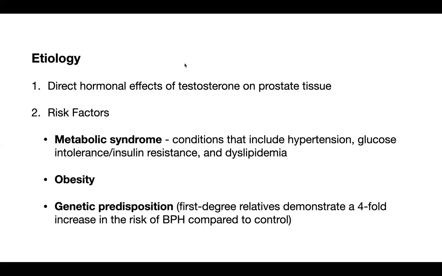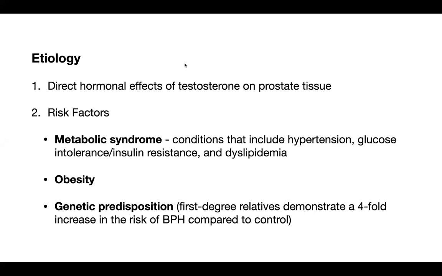Usually, with normal production of testosterone, we remember that testosterone is a testicular androgen, but it is also produced in the adrenal gland.